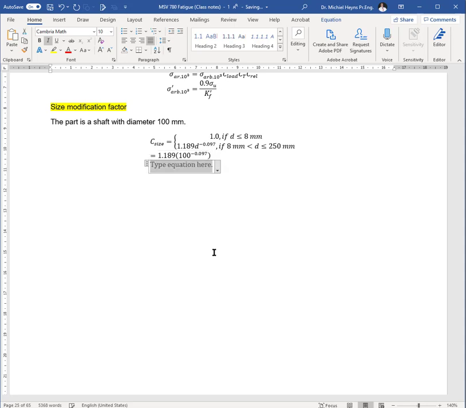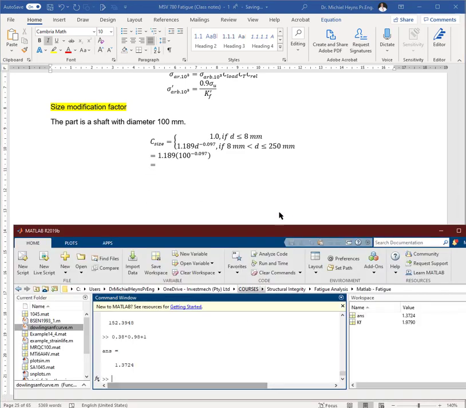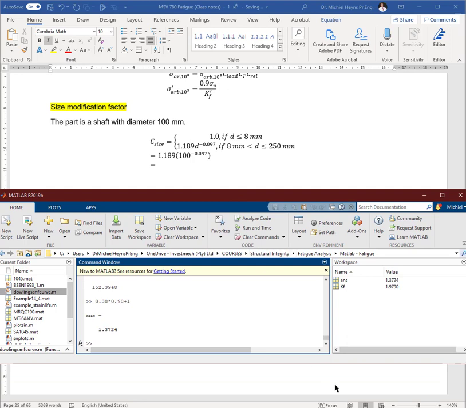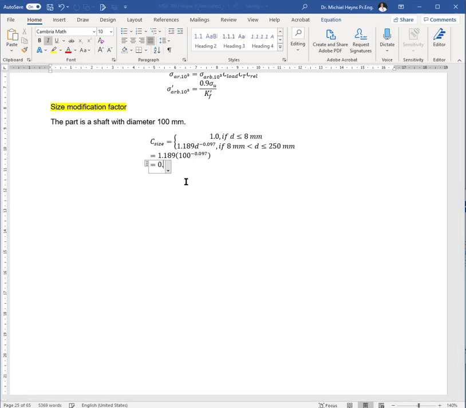If I now get my MATLAB open here again, I can see my C size in this case is equal to 1.189 times 100 to the power minus 0.097. And there I have my size modification factor, 0.76. So that's my size modification factor, and that is done.